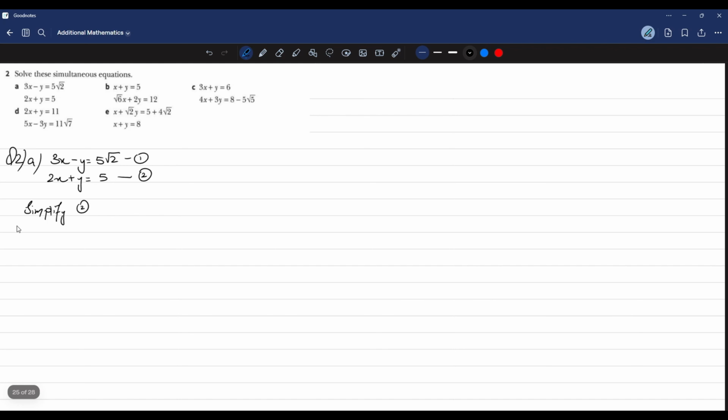So I find it easier to simplify this. So 2x is equals to, in fact, we are going to say 5 minus 2x is equals to y. And that's it. So this is basically our simplification process. And we'll call this equation 3.